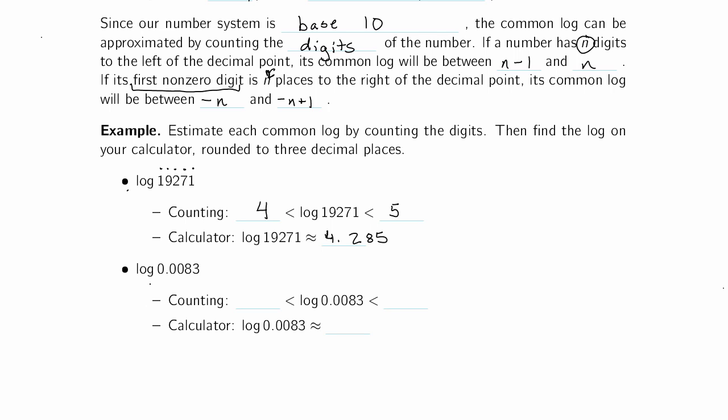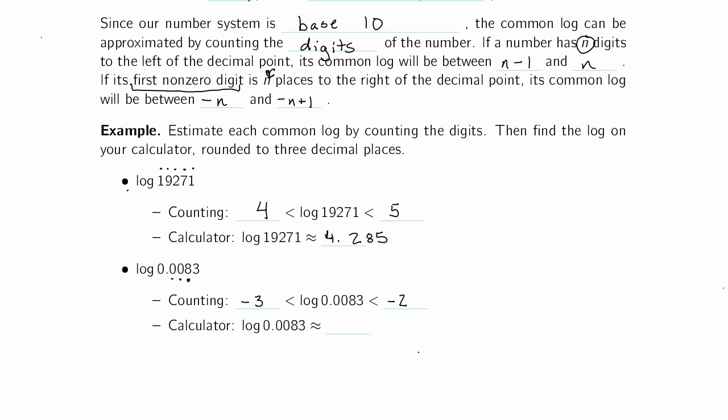So here we have 0.0083. Its first digit is 1, 2, 3 places to the right of the decimal point, which means its common log is more than -3, but less than -2.